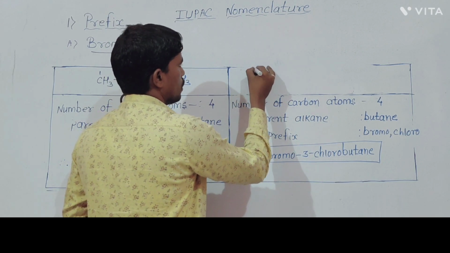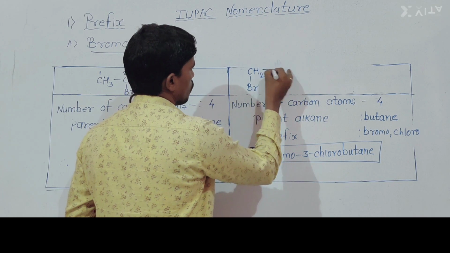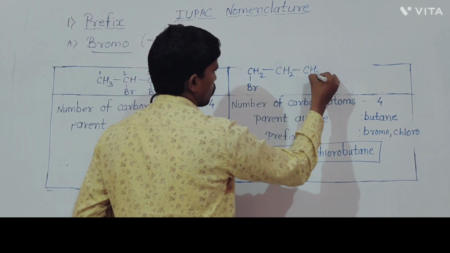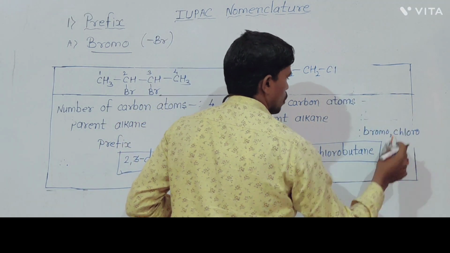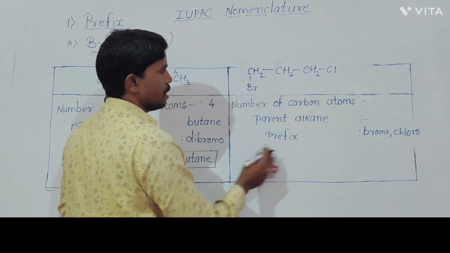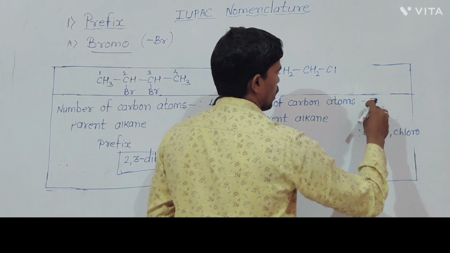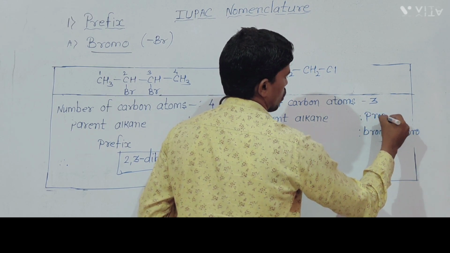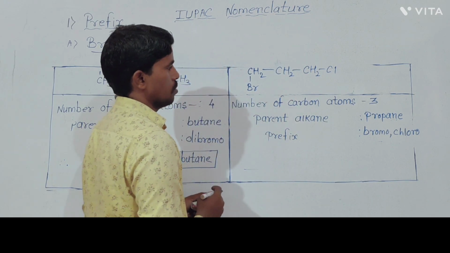Here CH2, this is the Br, this is the CH2, CH2Cl. The number of carbon atoms present in the chain is 3. The parent alkane is propane, and the prefixes are bromo and chloro.